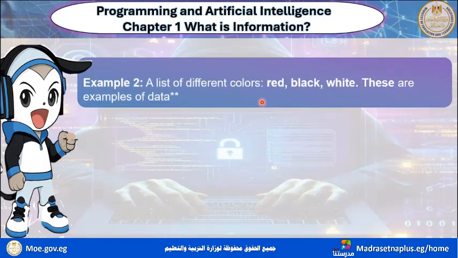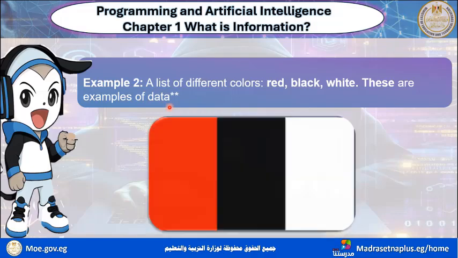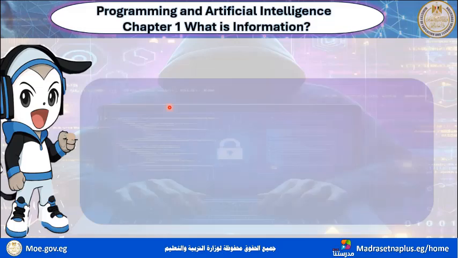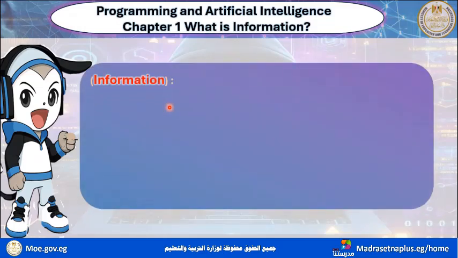Example 2. A list of different colors, red, black, white. These are examples of data. Well, hope you, inshallah, got the meaning of the word data.